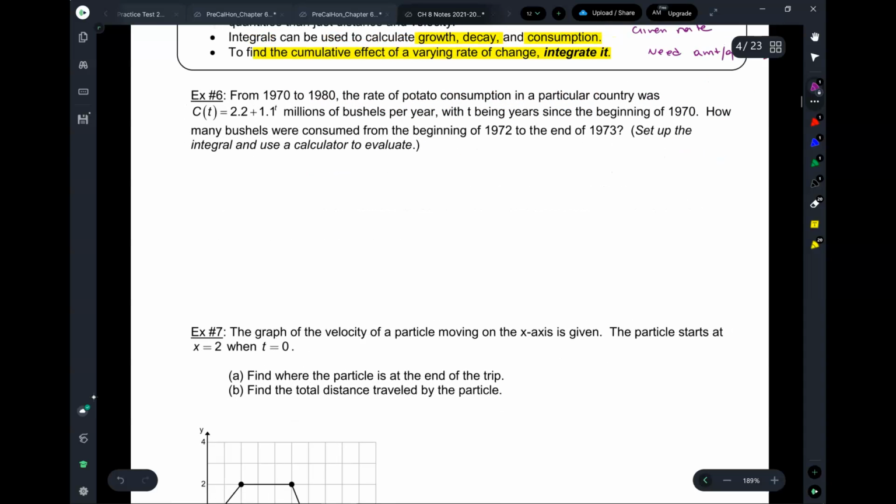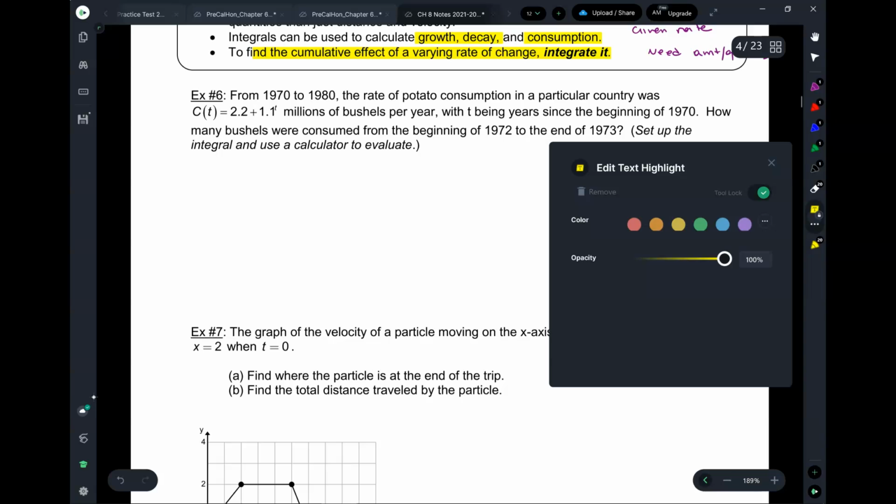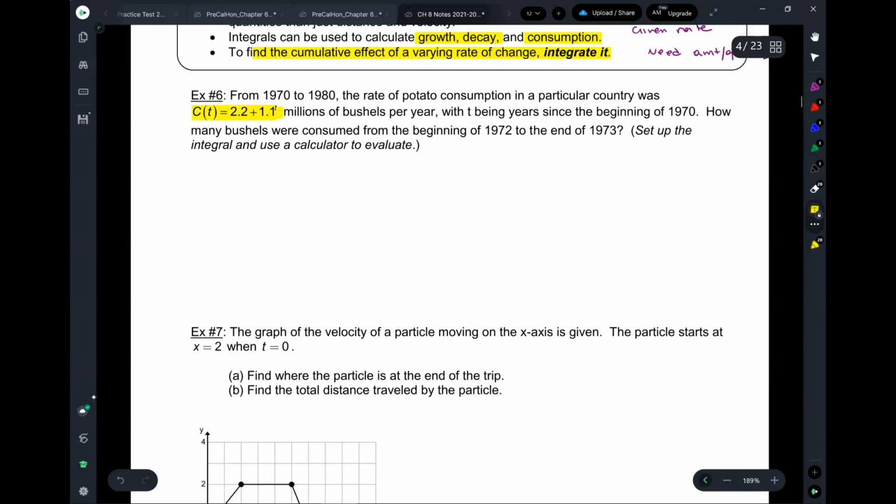From 1970 to 1980, the rate of potato consumption in a particular country was this. So this is the rate, and it's given in millions of bushels per year, because in AP Calculus we just talk about bushels of potatoes. T is years since the beginning of 1970, so this is T equals 0.